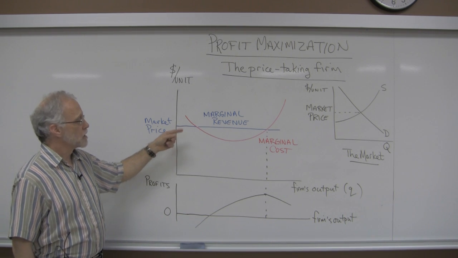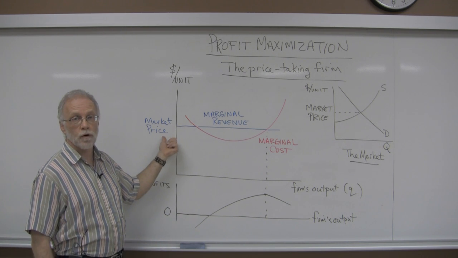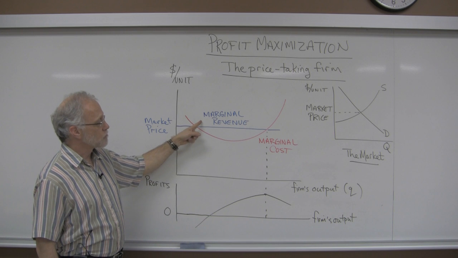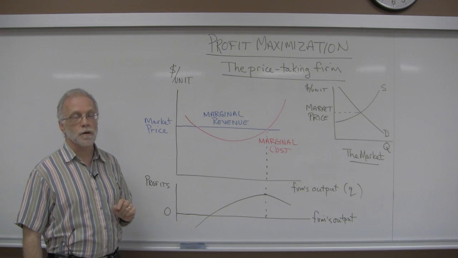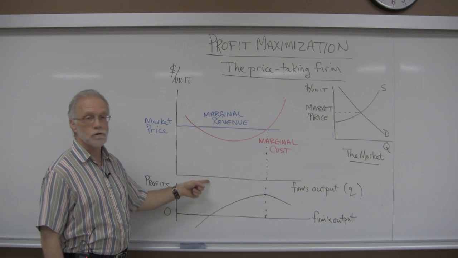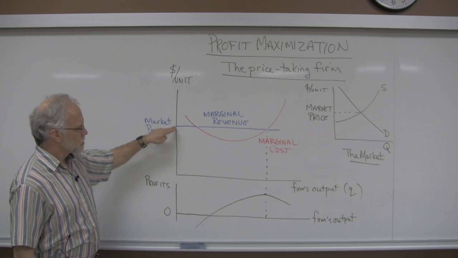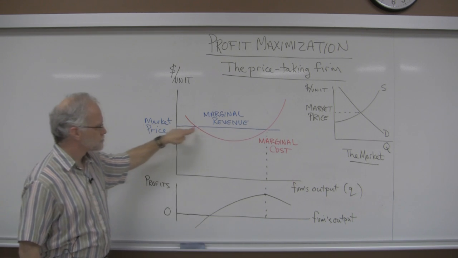Well, that just means it's adding to total revenues an amount just equal to the market price. So marginal revenue is just defined as the amount of extra revenue a firm gets by selling an extra unit of output. That's just the market price. So that's this line here.